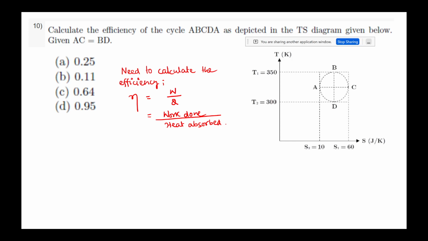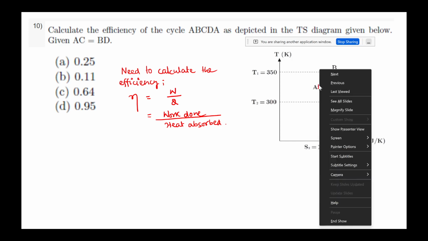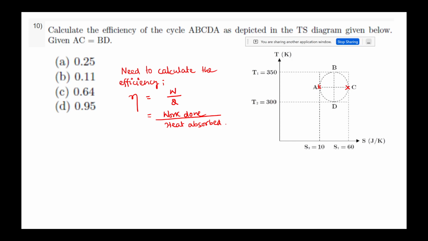Okay, now heat absorbed means entropy increases, right? So entropy increases for this process. Heat absorbed means these two, this is the total heat absorbed. So we need to calculate this area, and work done is this area. Okay, this circle.